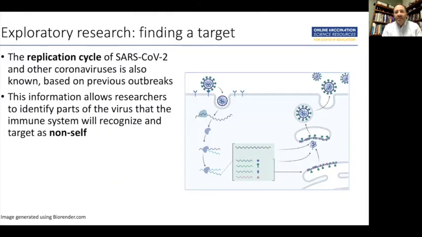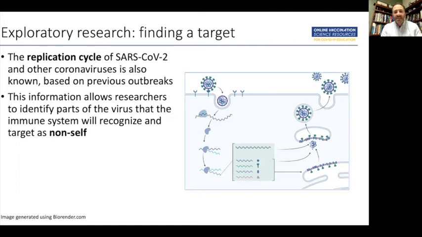In addition, we had known a fair amount, and we learned a lot rather quickly, about the replication cycle of SARS-CoV-2 and other coronaviruses. And this was based on previous coronavirus outbreaks and other studies that had happened since then, since the MERS outbreak, the SARS outbreak from some years ago.